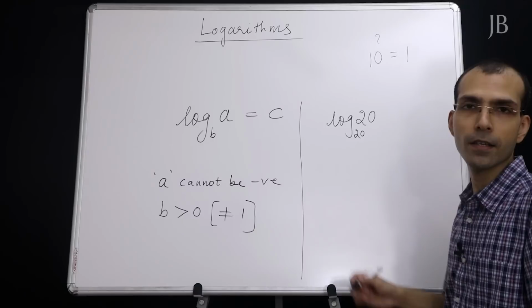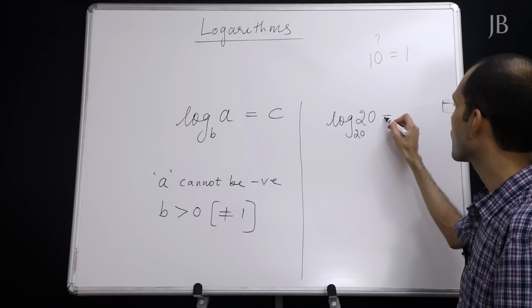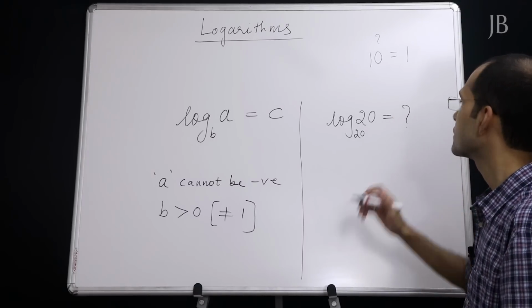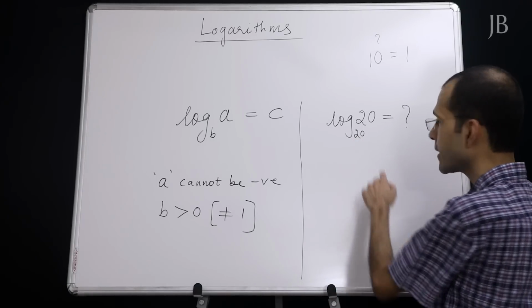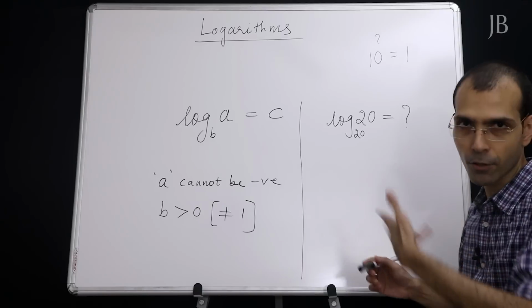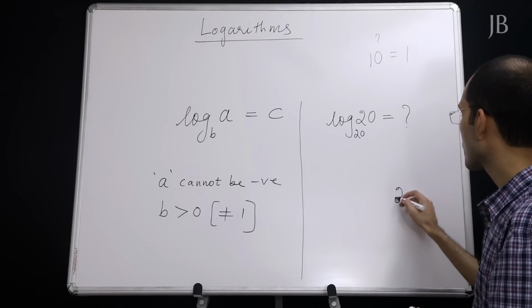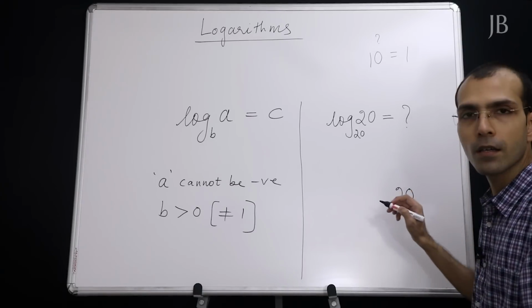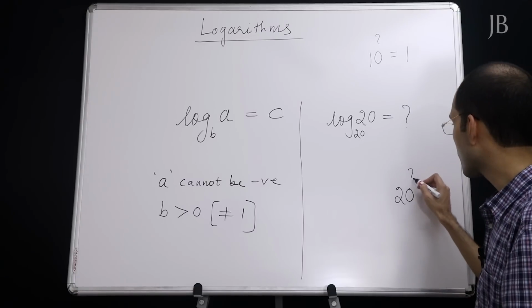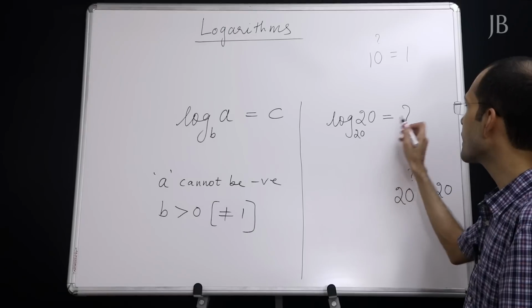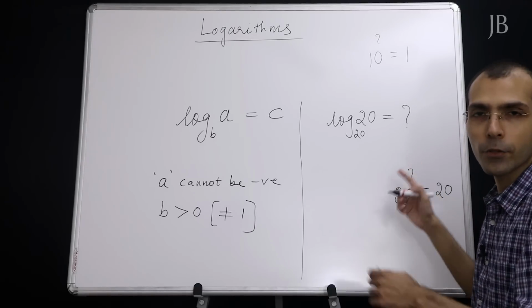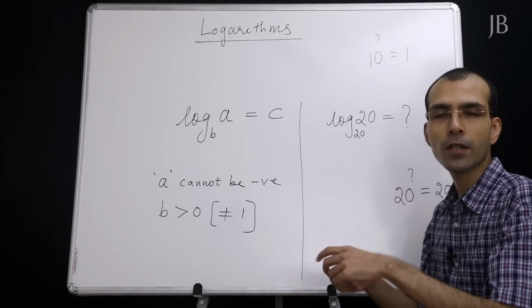Log 20 to the base 20. What will it be? How do we work out? We tell ourselves this 20 is a base. We do it in the mind or in the rough work column. 20 raised to what will give you 20? You remember that form in the beginning we taught you?